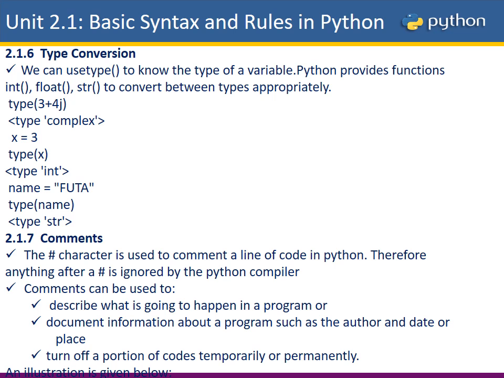So that is used to document information about a program written, such as the author and date or place. And as well, a comment is used to turn off a portion of code temporarily or permanently.